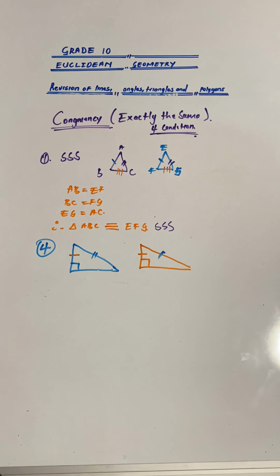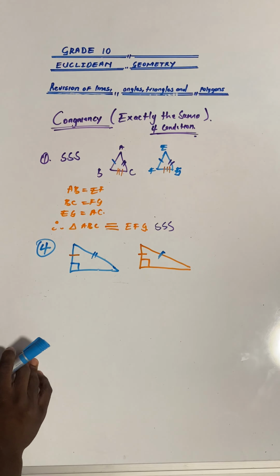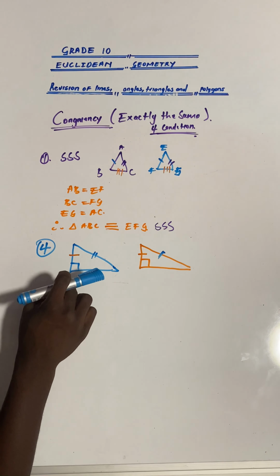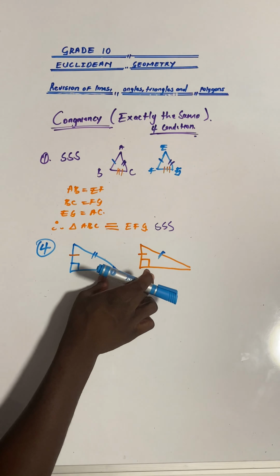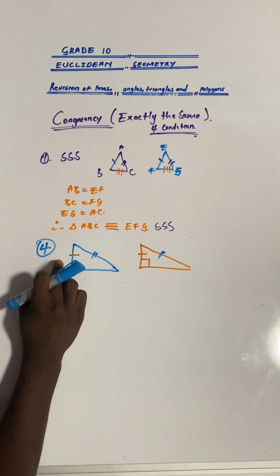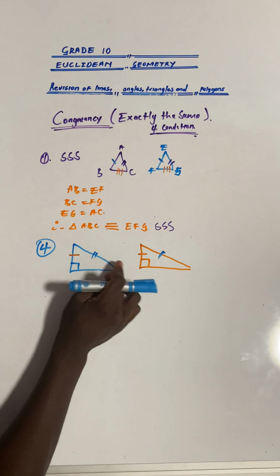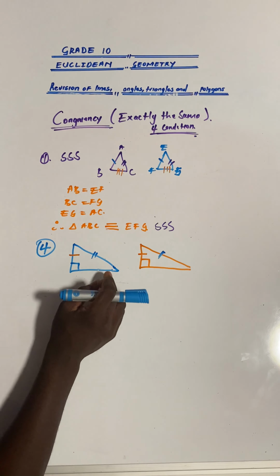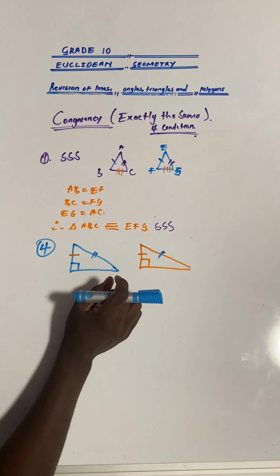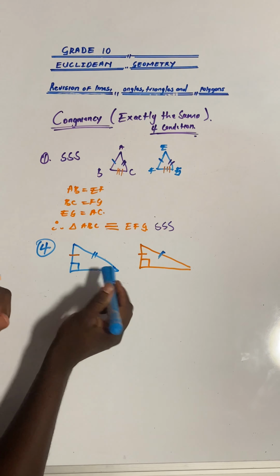Okay, so what must happen in this one here? So when we have two right-angled triangles like this here, we are told that these two will be congruent if the hypotenuse and one other side of each of them is equal to the hypotenuse and side of the other one. And another thing, we must have this 90-degree here.